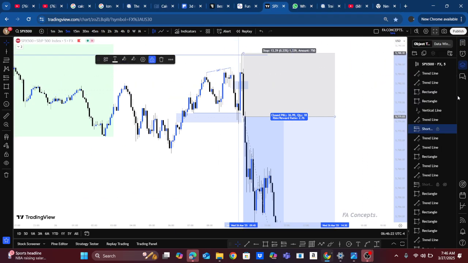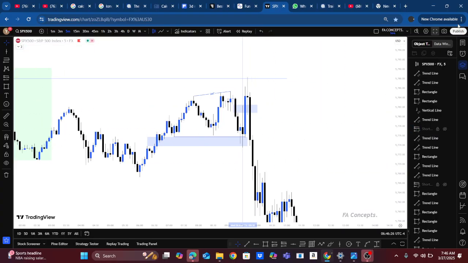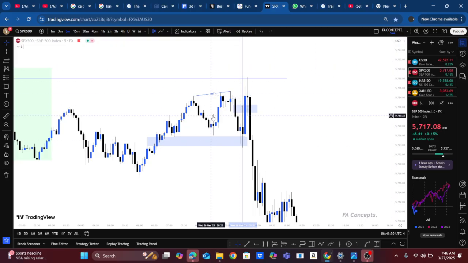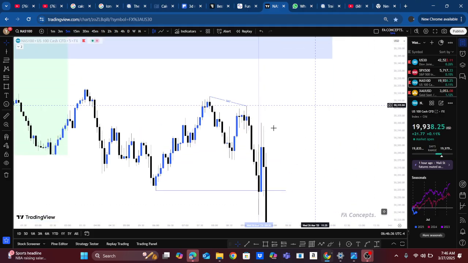You can see here that price had made the SMT, right? You had a higher high on SPX, and we had the lower high on NAS. As you can see, price was rejecting this nicely.